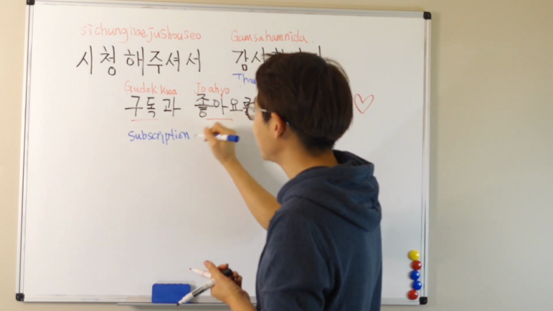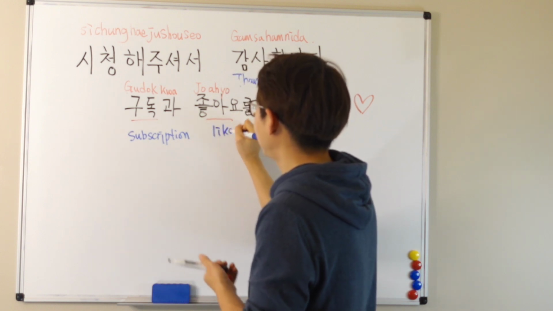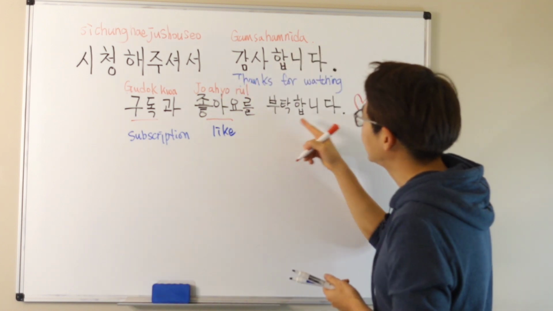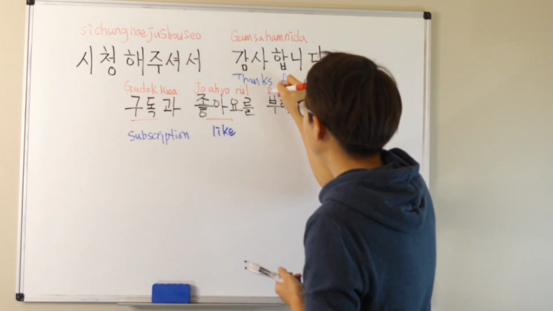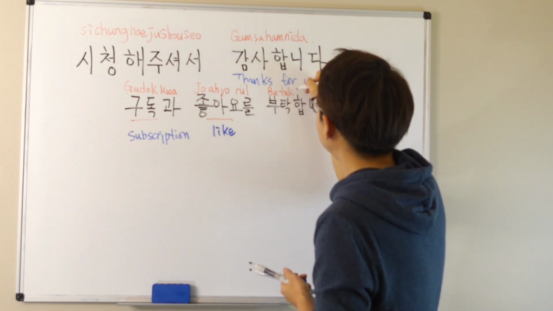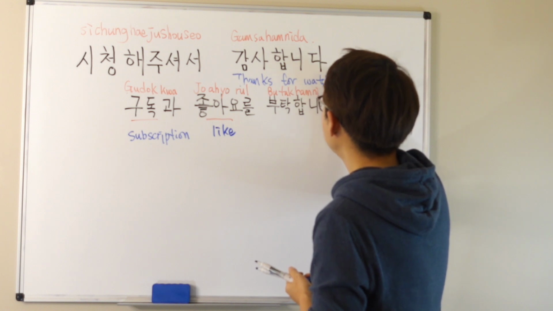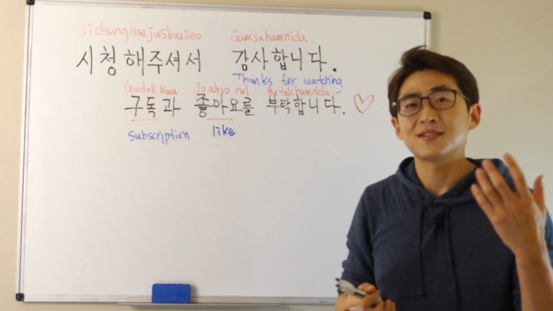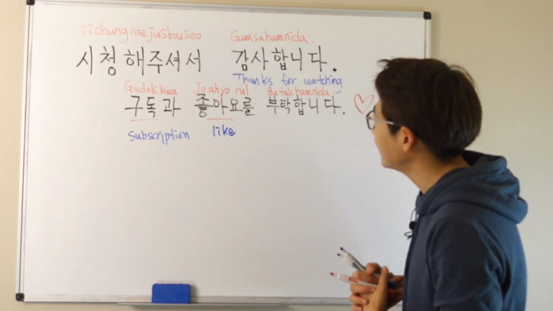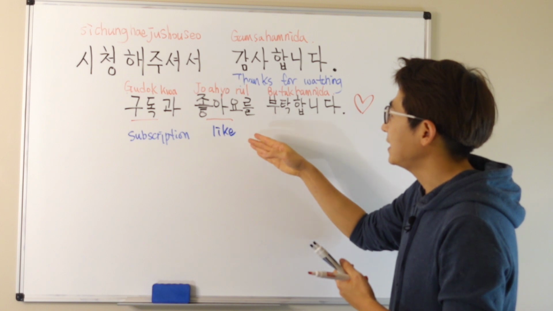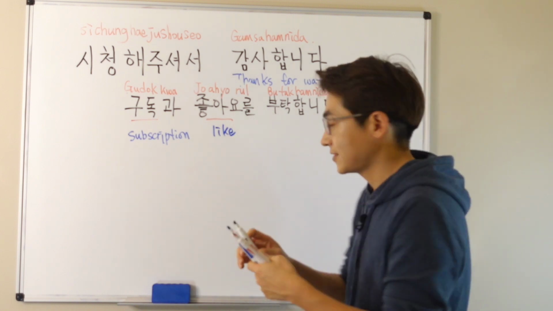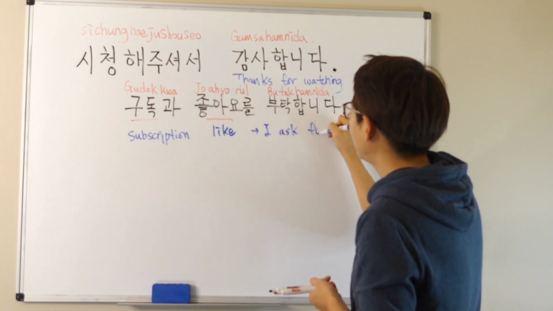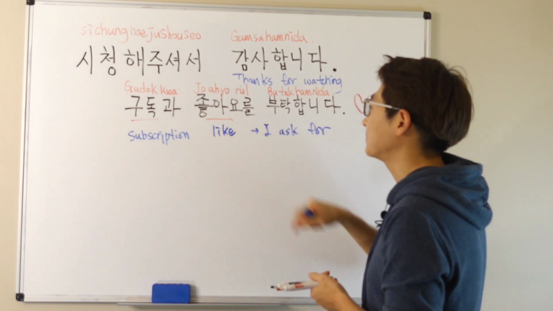So I'm asking for subscription and like. 를 부탁합니다. So that's 부탁합니다. 합니다 is the ending suffix that is saying polite. Okay? So subscription and like, I'm asking. So that means I ask for subscription and like button.